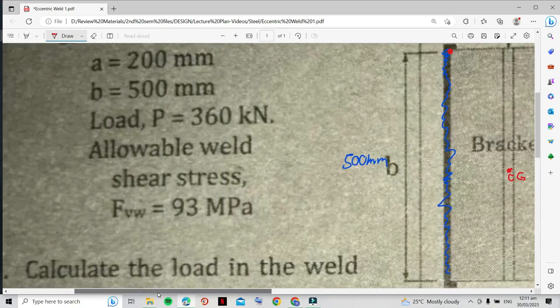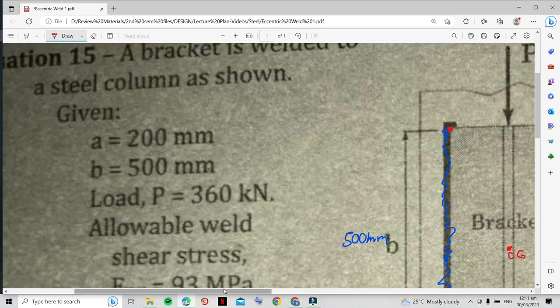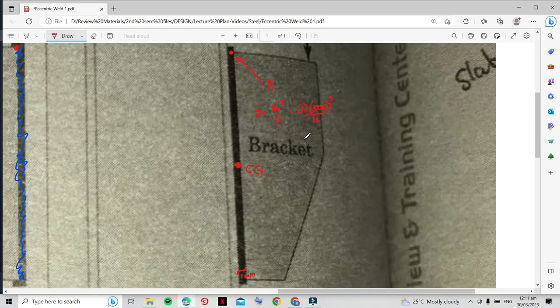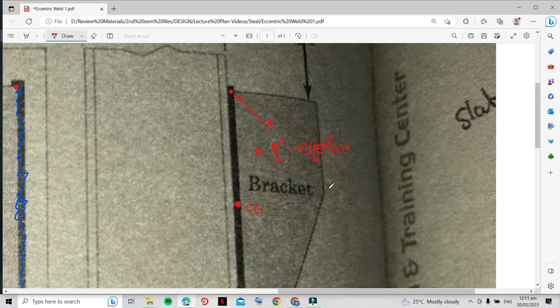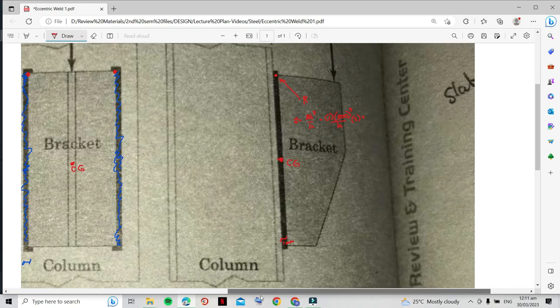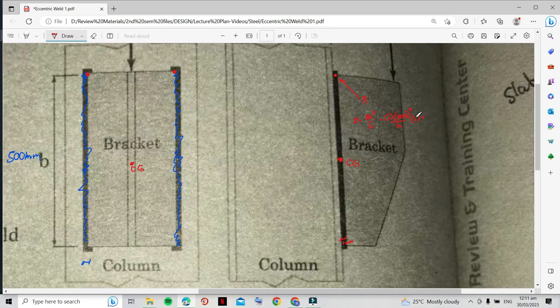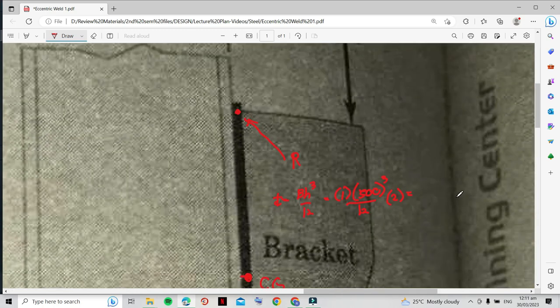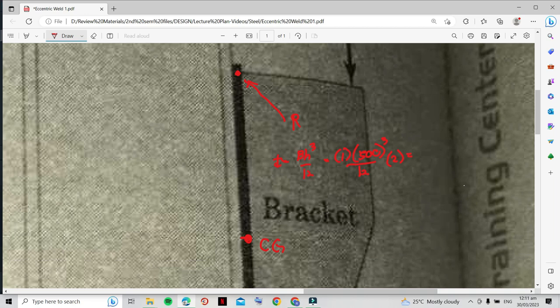That's the length of B. Then we multiply it by 2 because there are two welds, here and here. Solving, we have 20.833 times 10 to the power of 6.